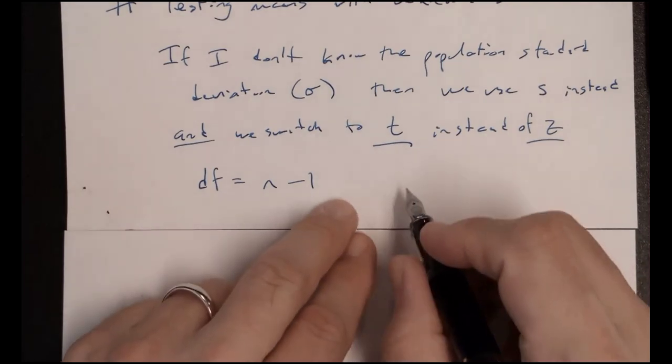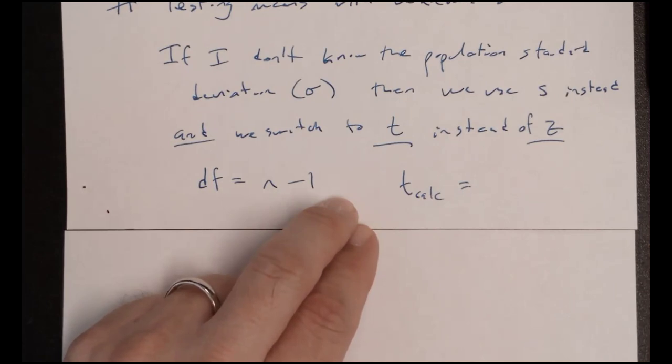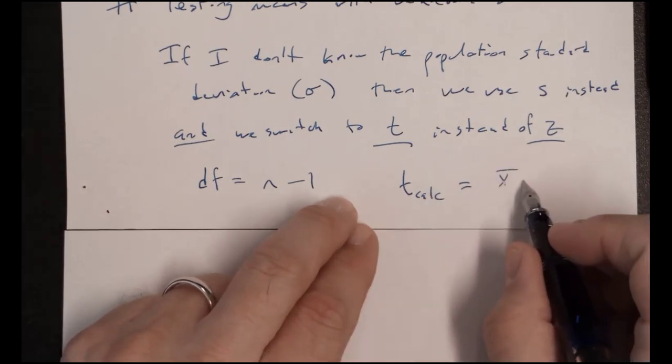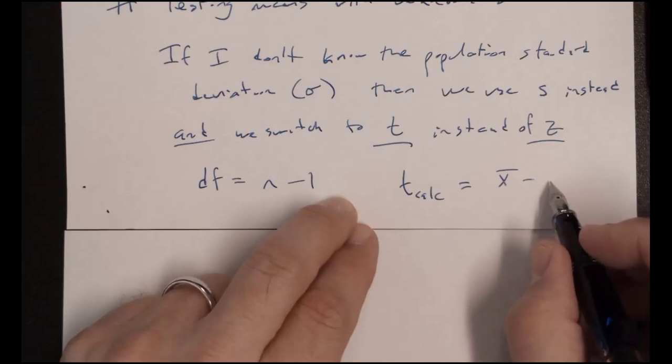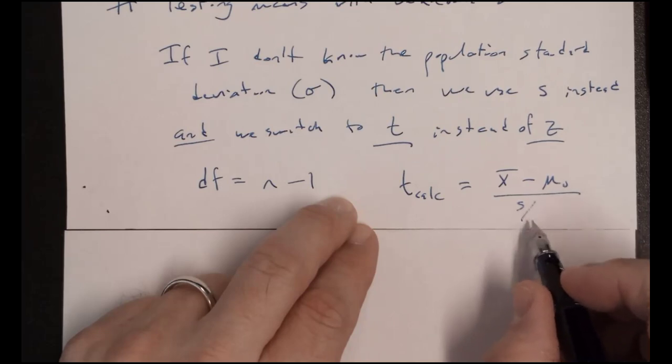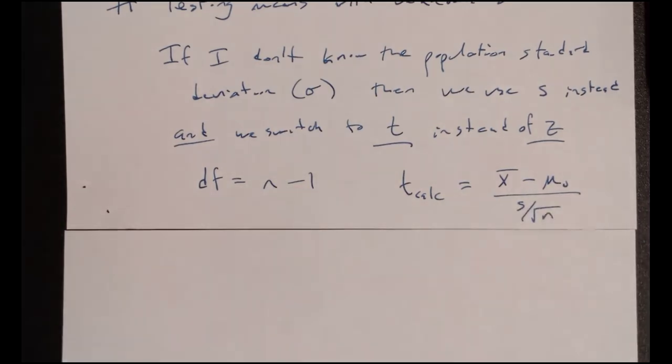And my t calculated value is going to be computed exactly the same way: average minus the benchmark over the standard deviation over the square root of my number of people. That's our standard error, only instead of sigma, it's s.